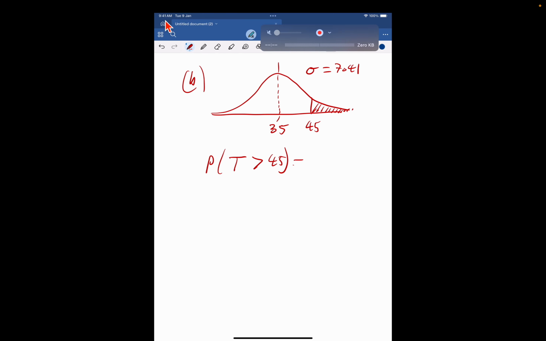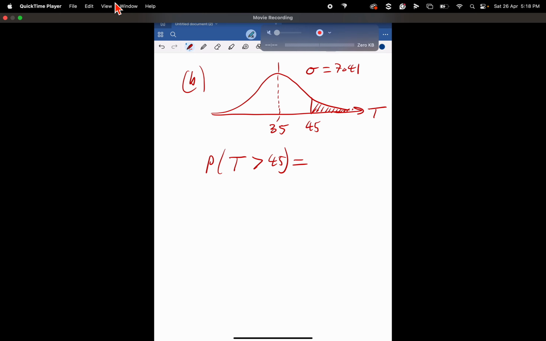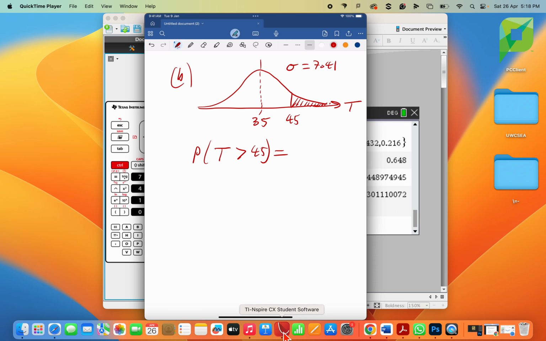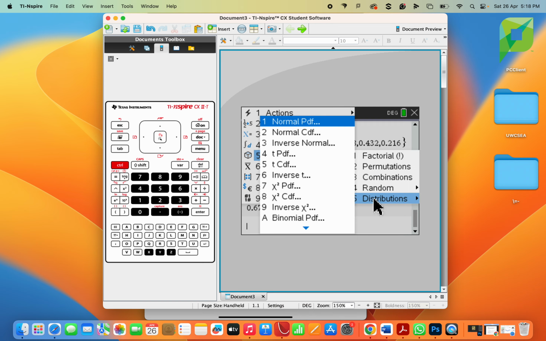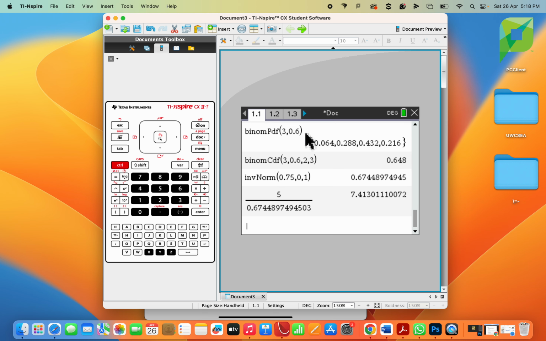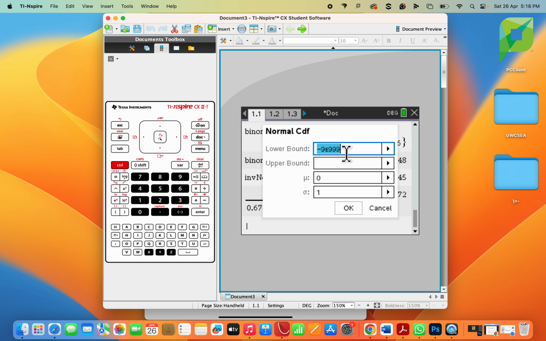It's always nice to give a mathematical description of the question. So let's go ahead and get my TI Inspire out again. So we're going to want a particular area, so menu, probability, distribution, normal cumulative distribution function, CDF. Lower bound 45, upper bound, you can put in a big number.